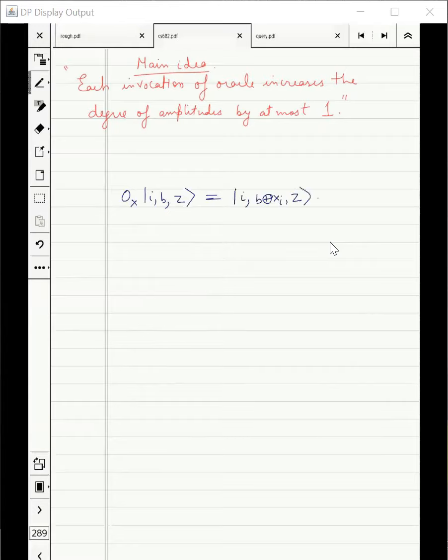This is the final state. What it is saying is that if x_i is equal to 1, then I get |i, b bar, z>. If x_i is equal to 0, then I get the state |i, b, z>, right?